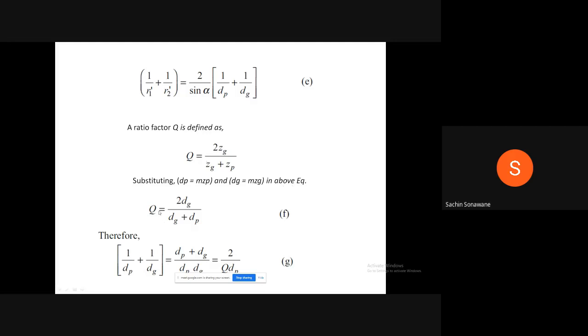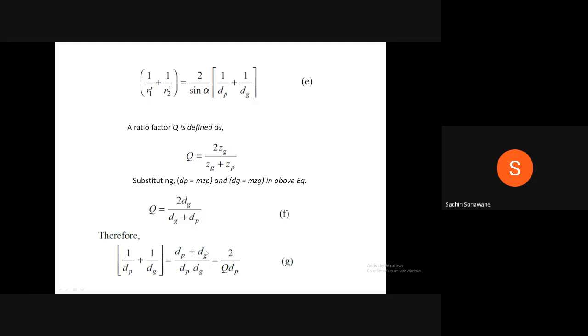Therefore, the ratio factor Q, we are getting it as 2dg divided by dg plus dp. Whatever this bracket is there, that will replace: 1 upon dp plus 1 upon dg is equal to dp plus dg divided by dp into dg, which is equal to 2 divided by Q into dp.